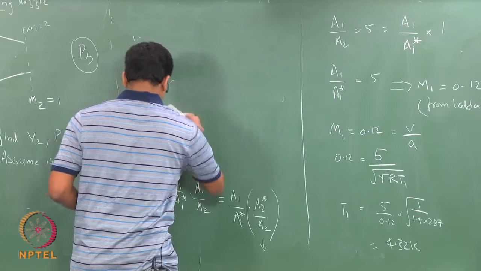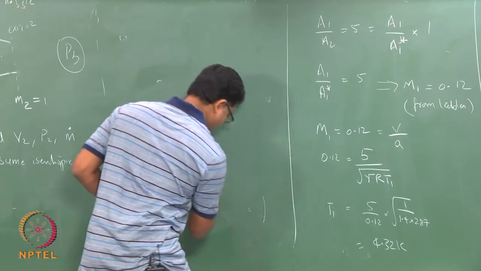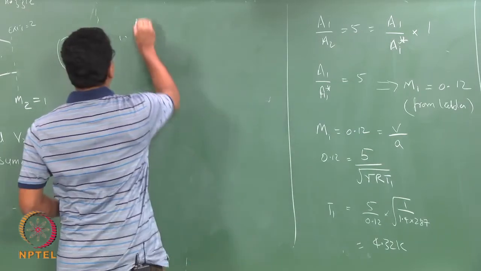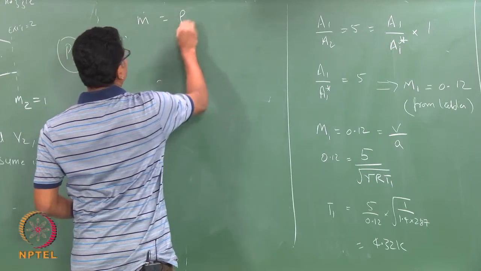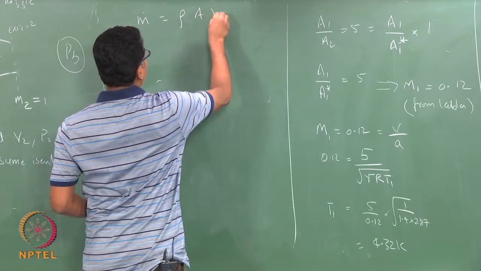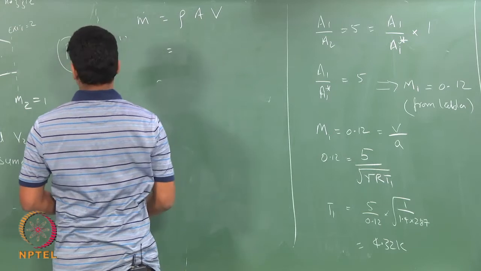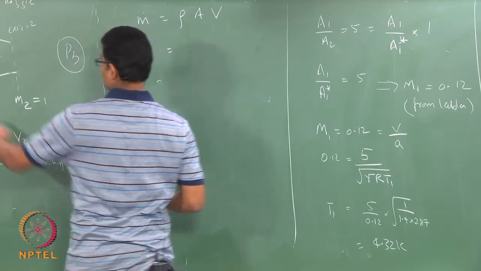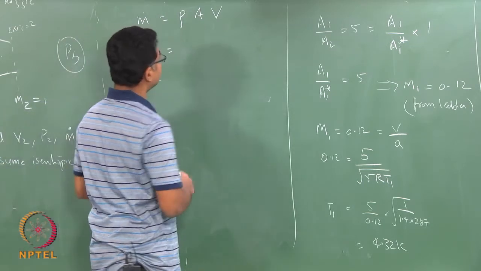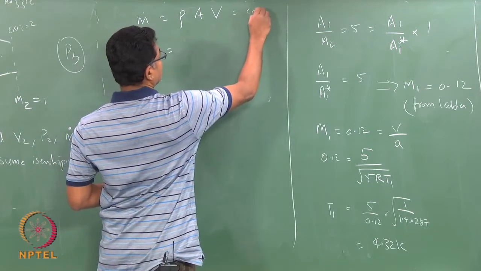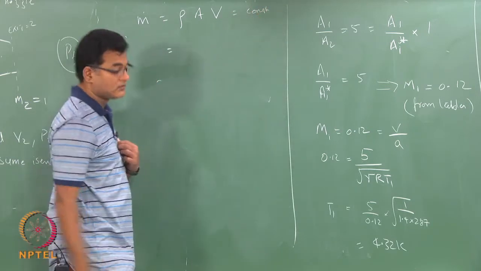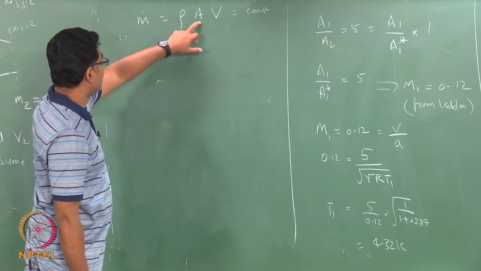M dot is rho A V. So, one area we know is the inlet area. This has to be constant. So, we will use that area.